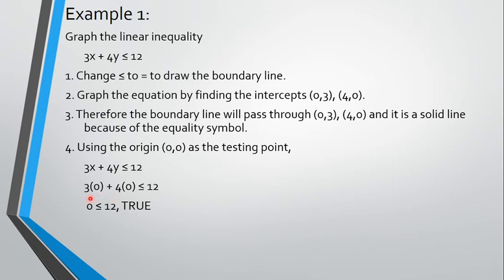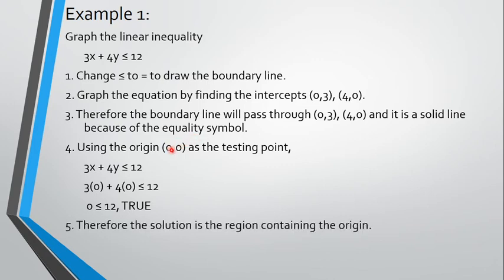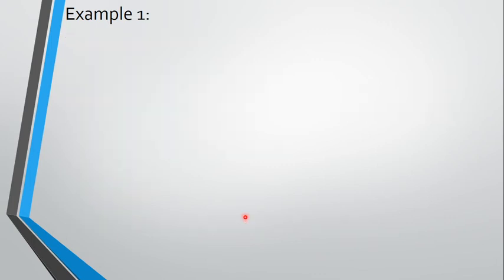Since the answer here is true, it only means that our plane will pass through our origin, that is 0, 0. So therefore the solution is the region containing the origin.